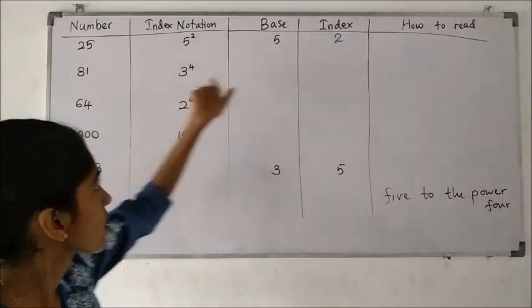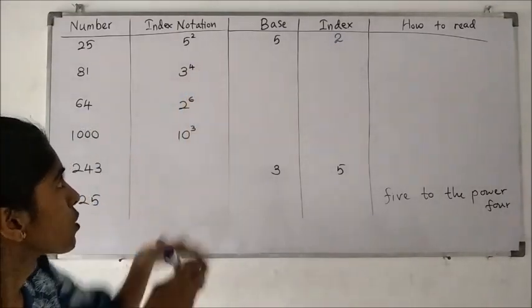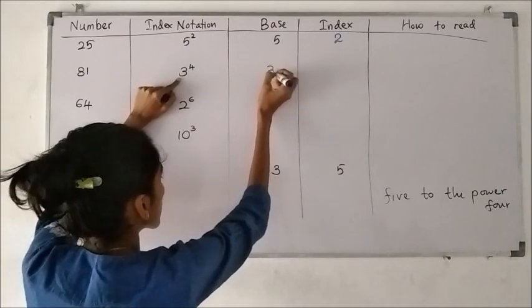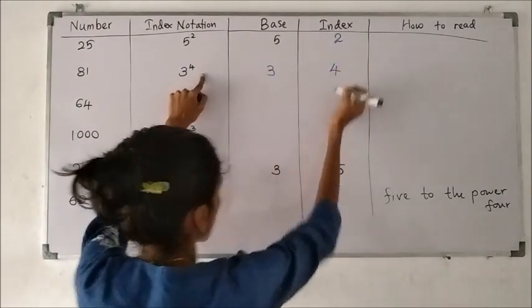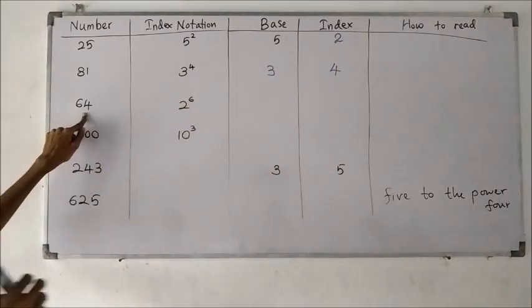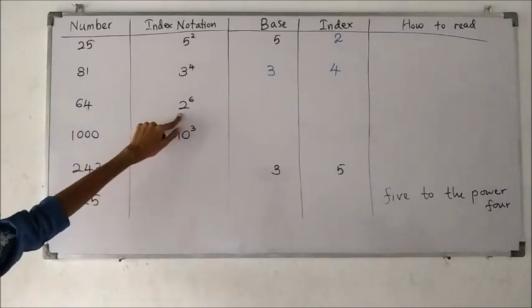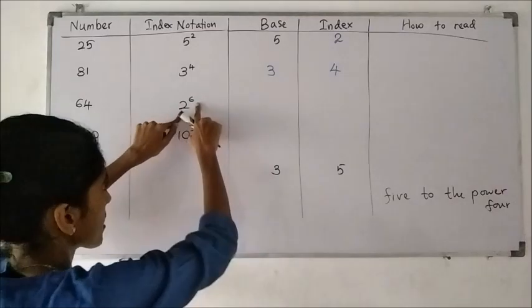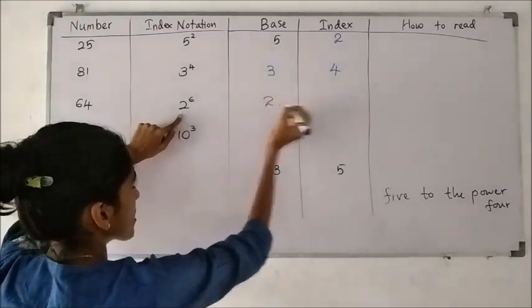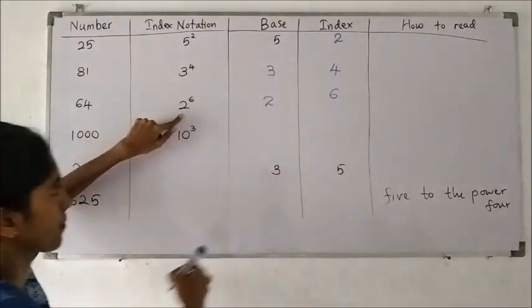So how do we read it? 3 to the power 4. So what is the base? 3. 4 is the index. In this example, 64 is written in index notation like this, 2 to the power 6. 2 is the base, 6 is the index.